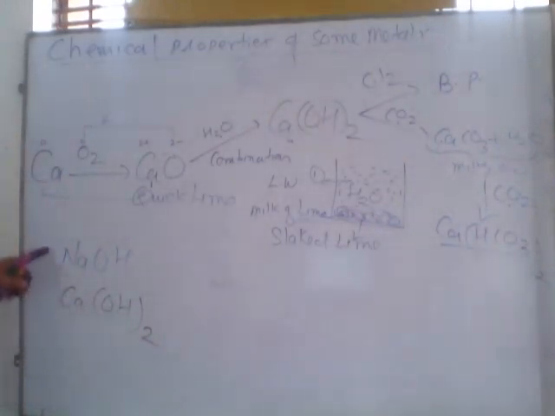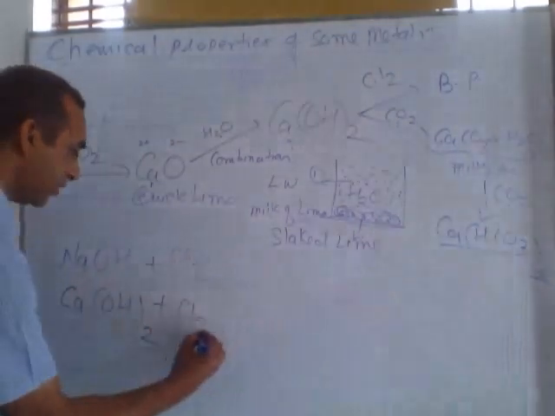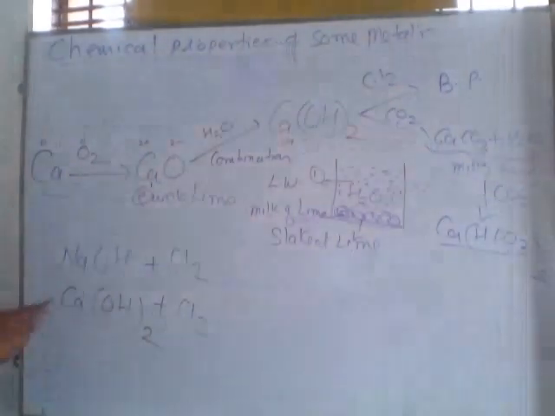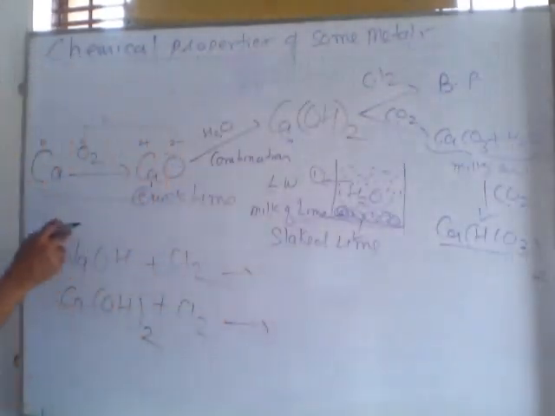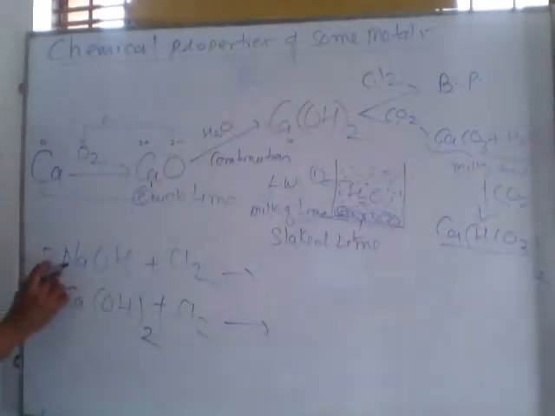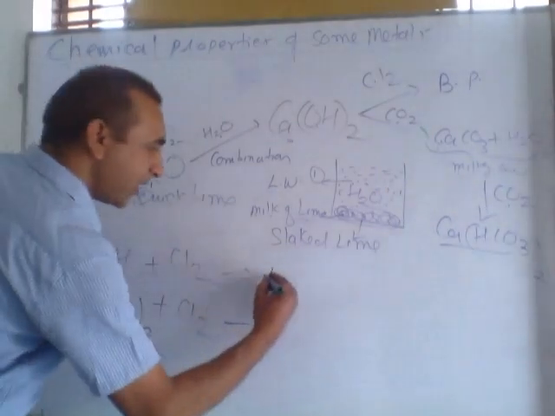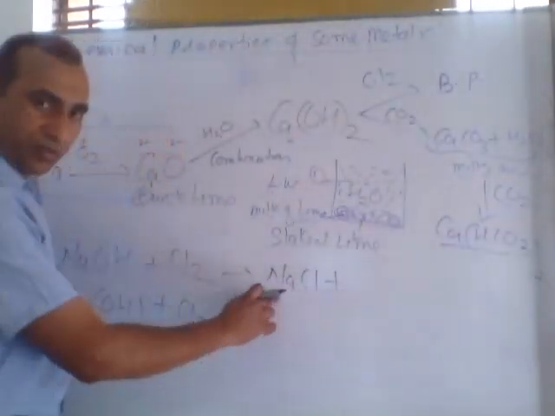This is calcium hydroxide, this is sodium hydroxide. We are passing chlorine gas in both, in NaOH and also in lime water. Listen, the second reaction is a photocopy of the above reaction. In the above reaction, 2 NaOH are used. The first product is NaCl. This is called sodium chloride.